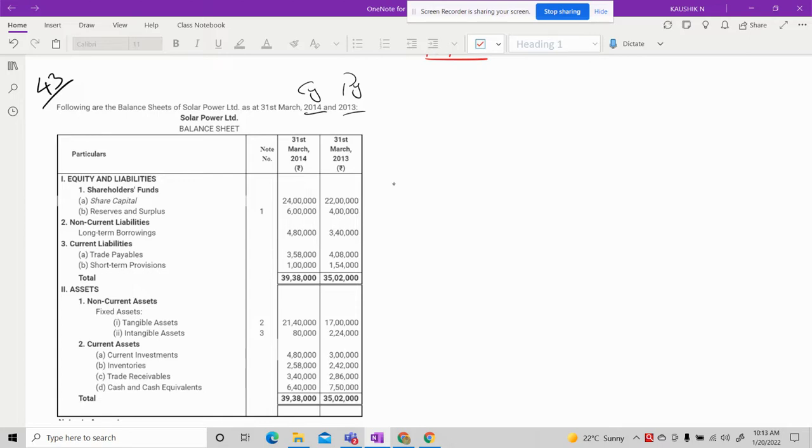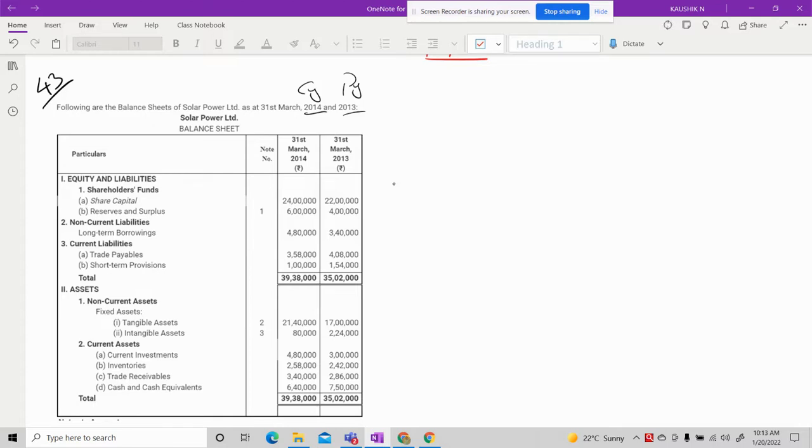Here we have particulars, note number and the value for each item for the respective years. But look here, for share capital we don't have any note number, so we need not bother about it. Just compare the current year value and the previous year value.